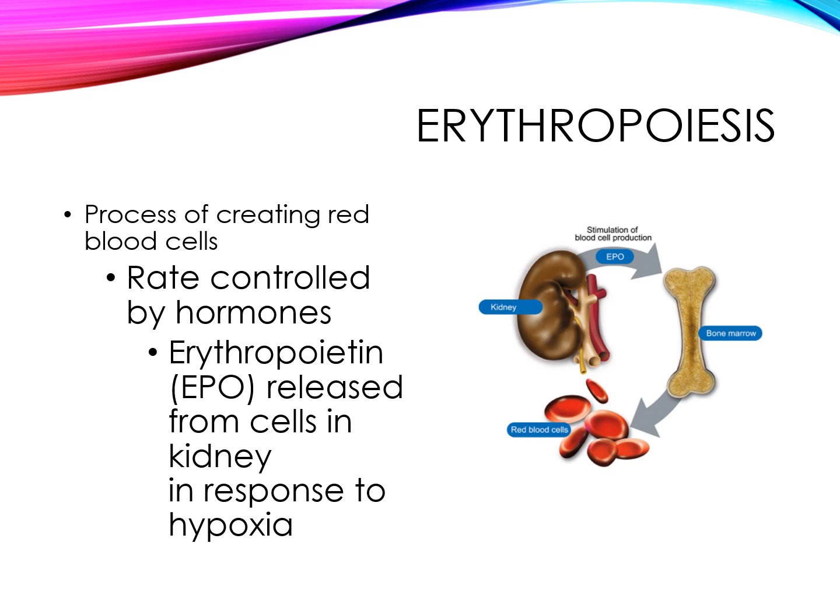It is released from cells in the kidney in response to hypoxia. So if there is low oxygen in the body, it would be released to stimulate red blood cell production. And this is one of the reasons why you might see a bunch of immature red blood cells, because the body is rushing to pump them out to make up for the low oxygen.